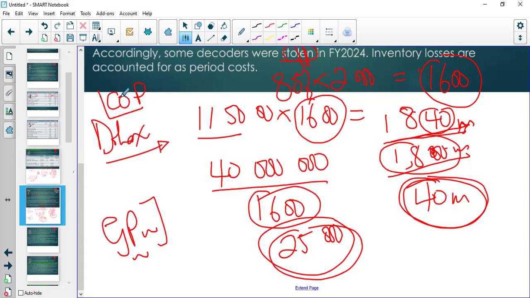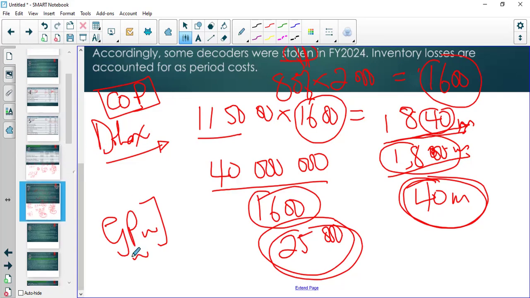Then based on that cost of production, you apply the gross profit margin applicable to get the selling price, right? You need to be very comfortable to do any calculations involving your gross profit margin and your markup.